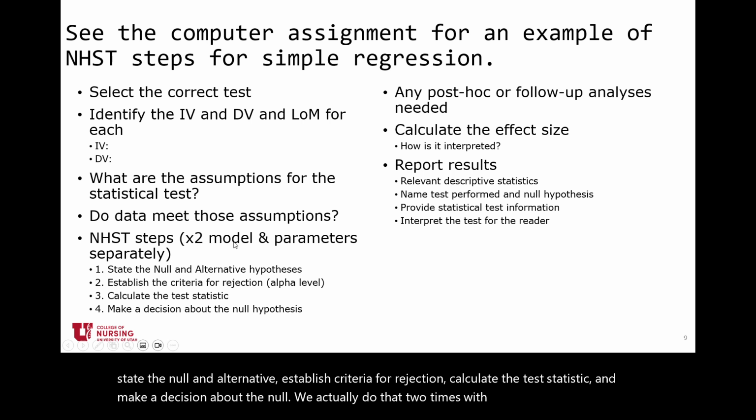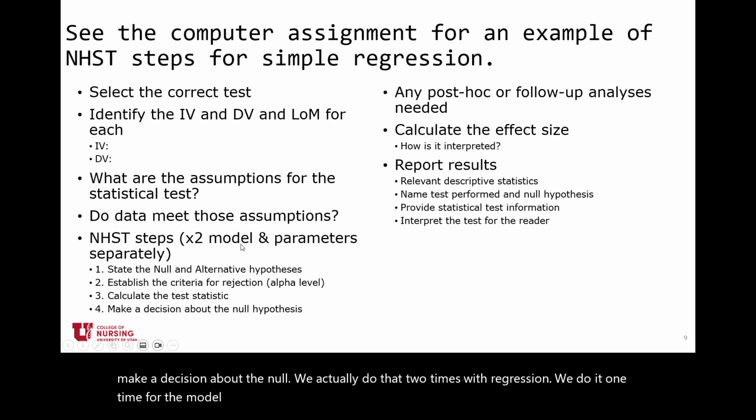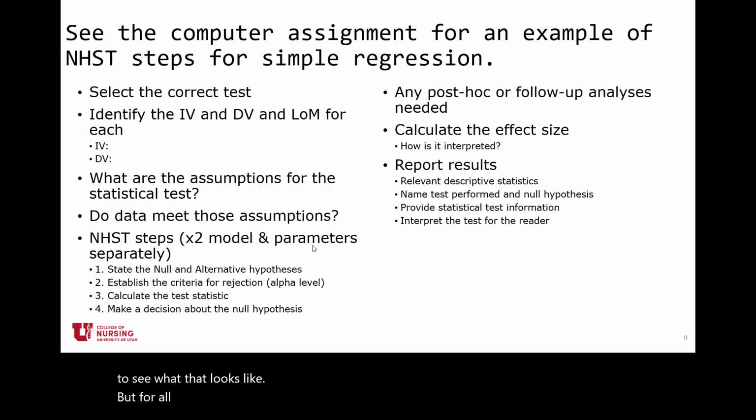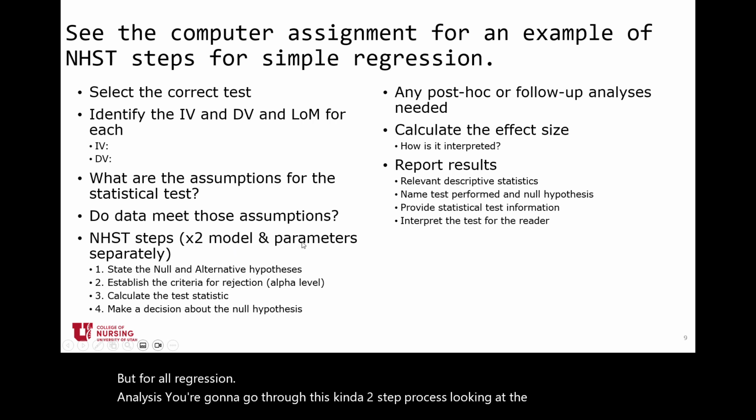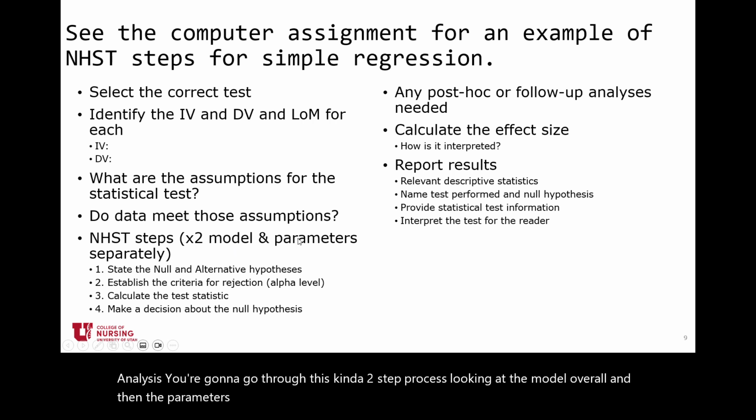We do it 1 time for the model overall, and we do it 1 time looking at the parameters, and we're going to see what that looks like. But for all regression analyses, you're going to go through this kind of 2-step process, looking at the model overall and then the parameters separately as part of that analysis process.